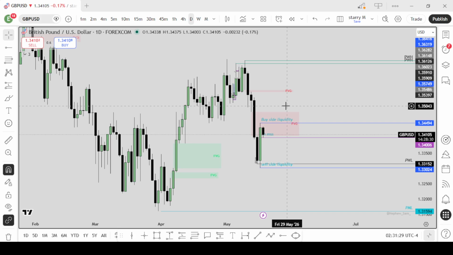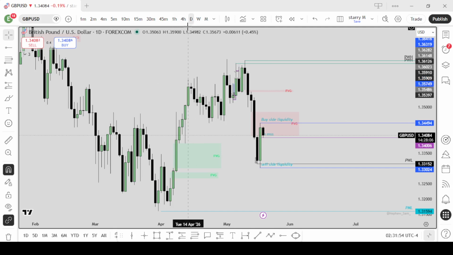It's not necessary at this point, but if it does, we'll be alert. We've already mitigated this fair value gap. So if market structure does shift downwards, we are going to enter the sales. This will be early sales because this one is more clear than the EURUSD.